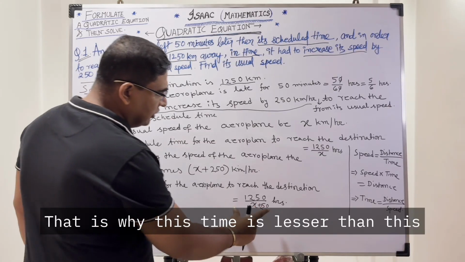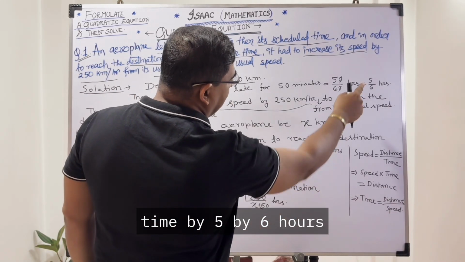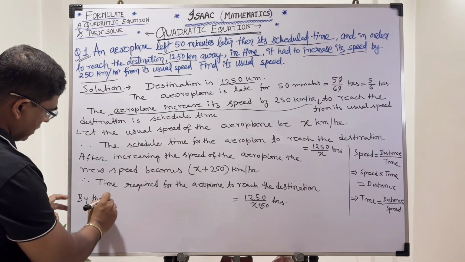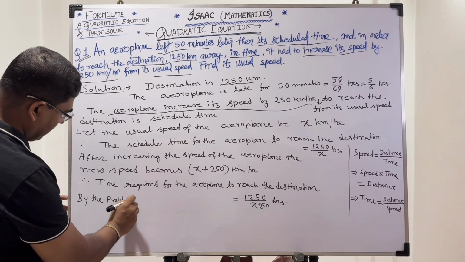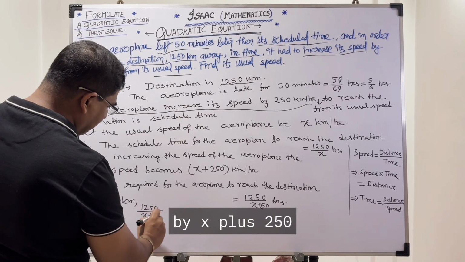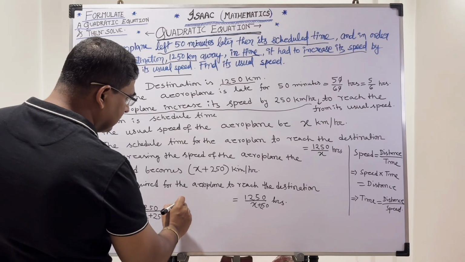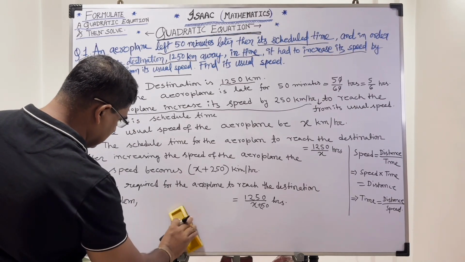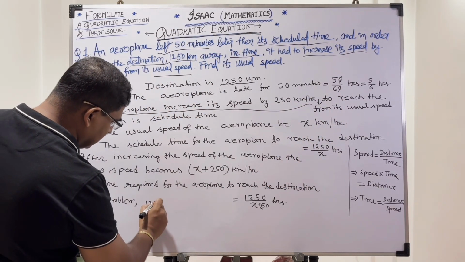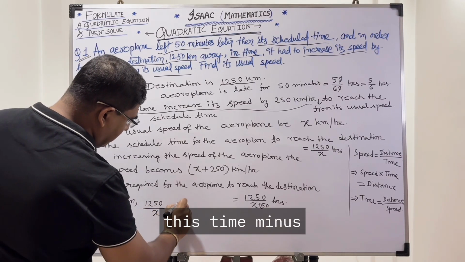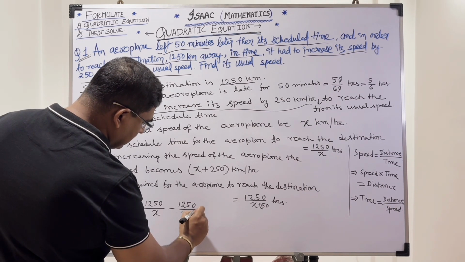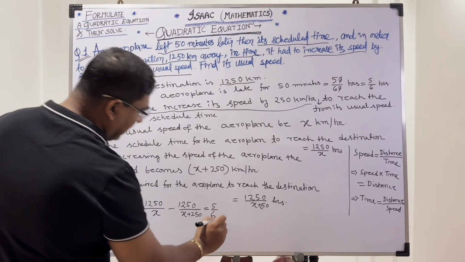That is why we can write by the problem, 1250 by x plus 250 minus, this time is lesser than this time by 5 by 6 hours, that is this time minus this time is equals to 5 by 6.